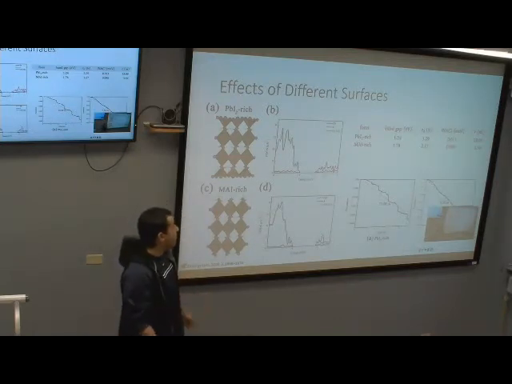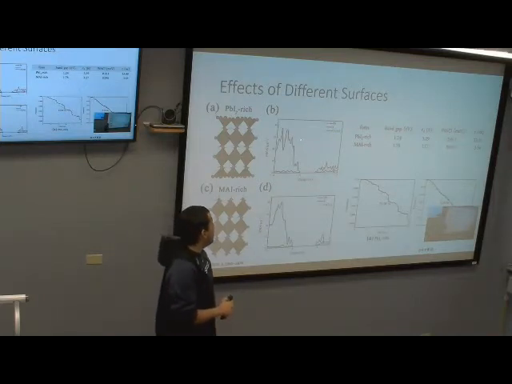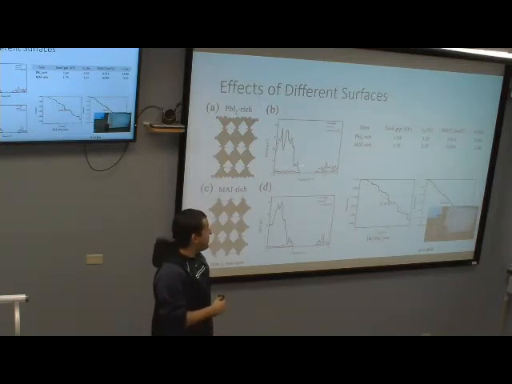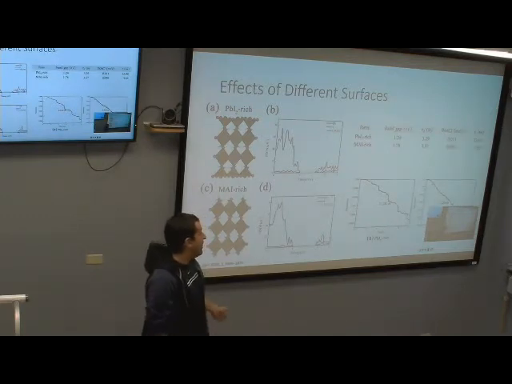One of the key differences that you can see from the PDOS of both figures is that the band gap in the lead surface is significantly smaller than the methyl ammonium iodide, by almost half an eV.